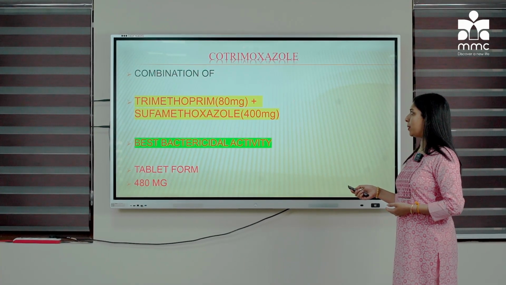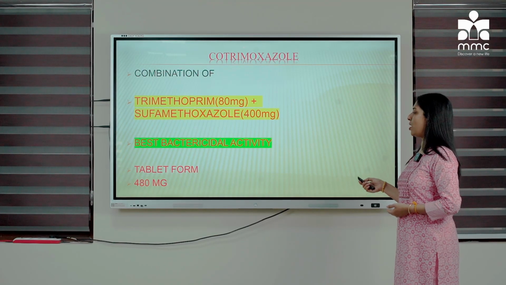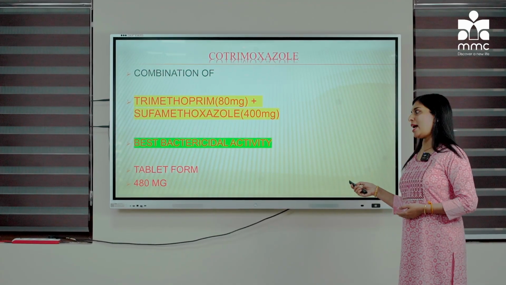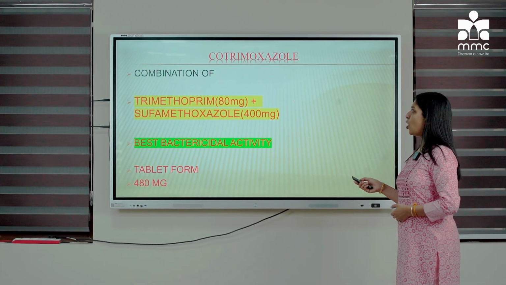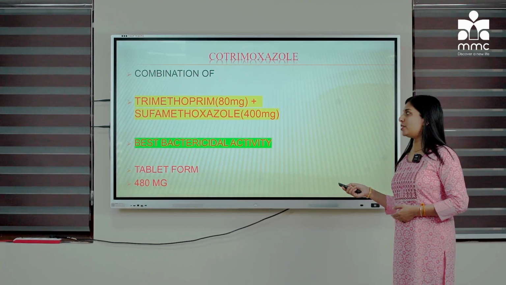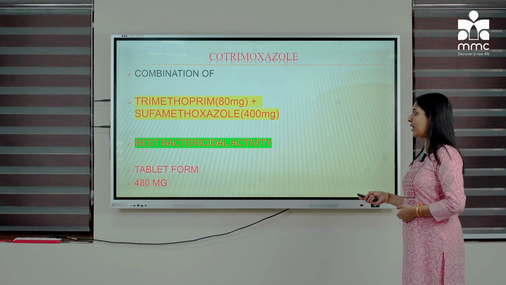Trimethoprim is 80 mg, sulfamethoxazole is 400 mg. When combined together, it has a bactericidal activity. Cotrimoxazole is a combination, also known as FDC, fixed dose combination.